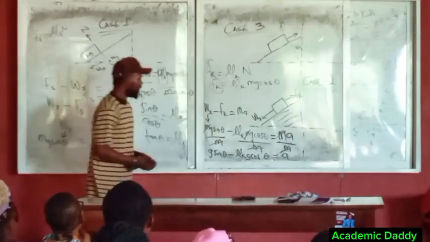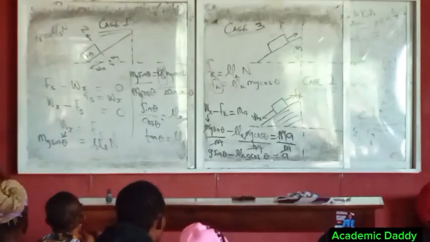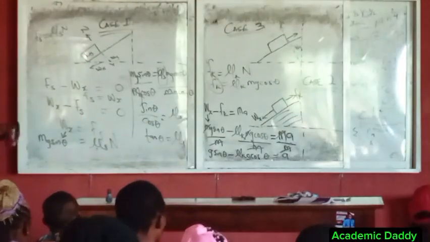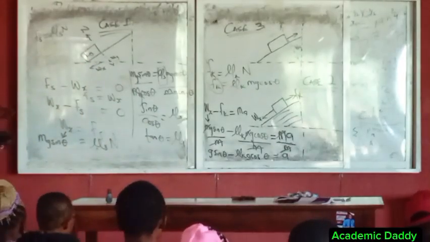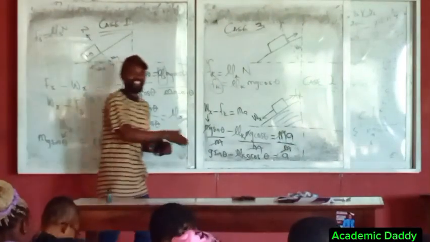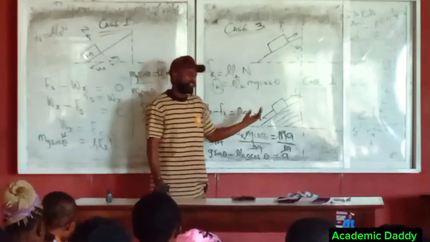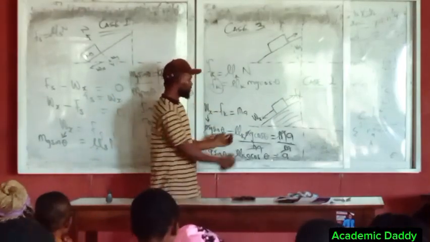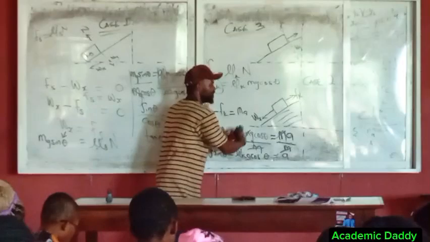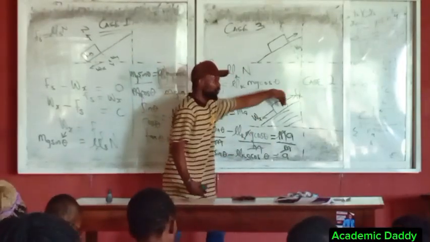So let's now say it is not acceleration we are finding. Let's say we are finding the coefficient of kinetic friction. This thing is not hard. On this side, the whole force is acting here. It's simply the one going this way and the one going this way.